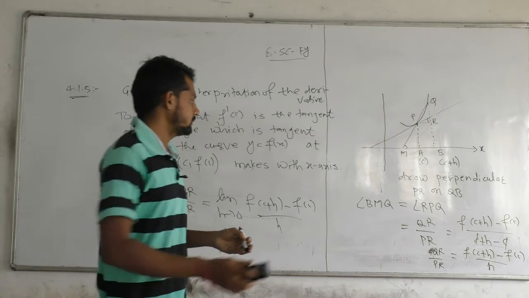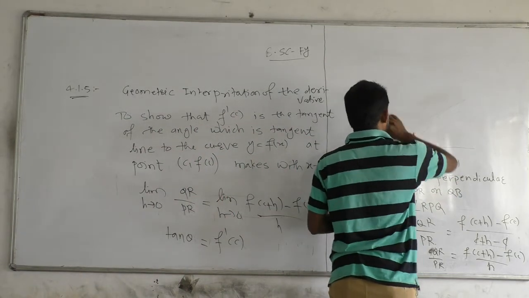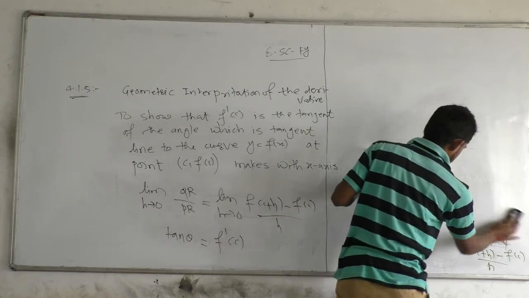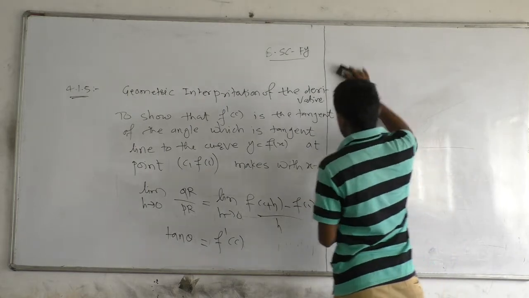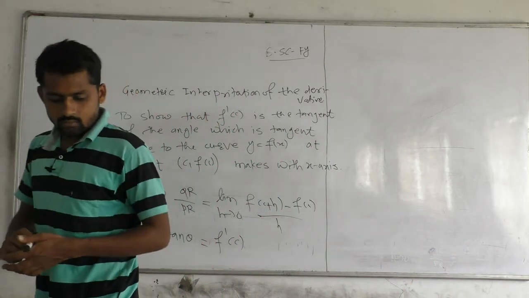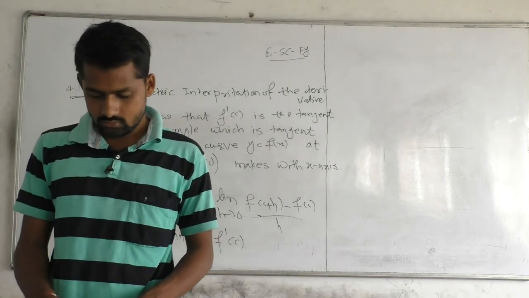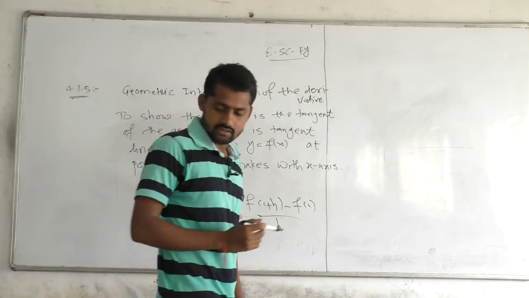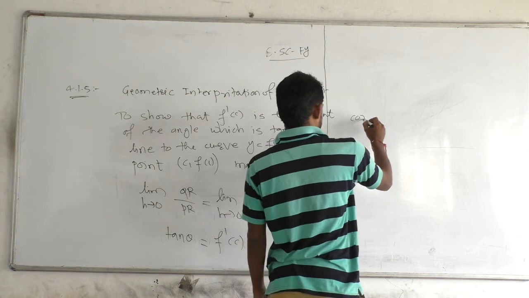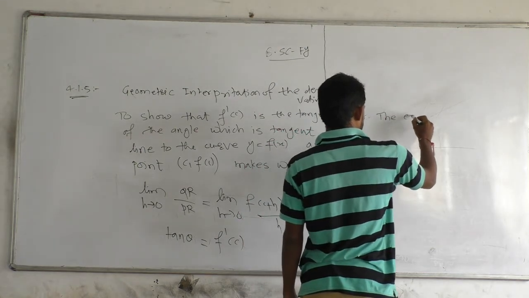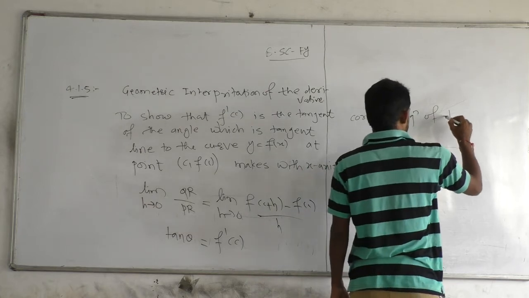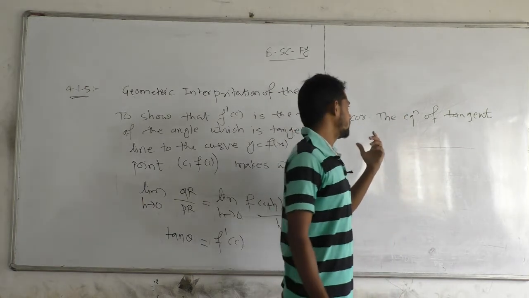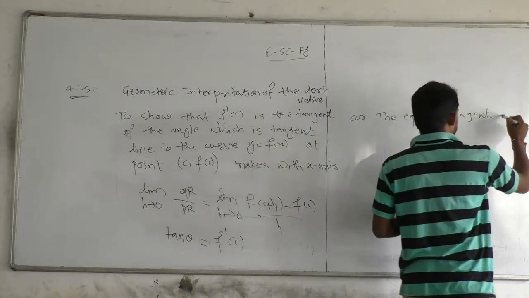Now the corollary: the equation of the tangent. Tangent is a line, so we must have an equation.